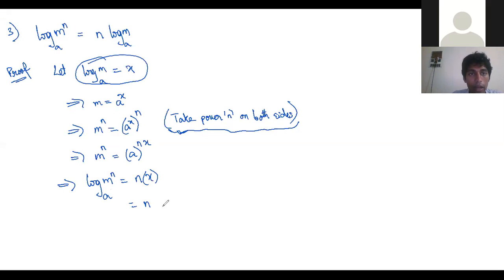So this is nothing but n times log m base a. Clear?